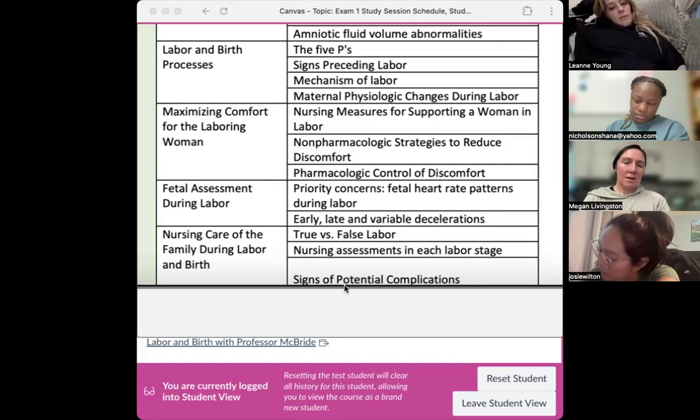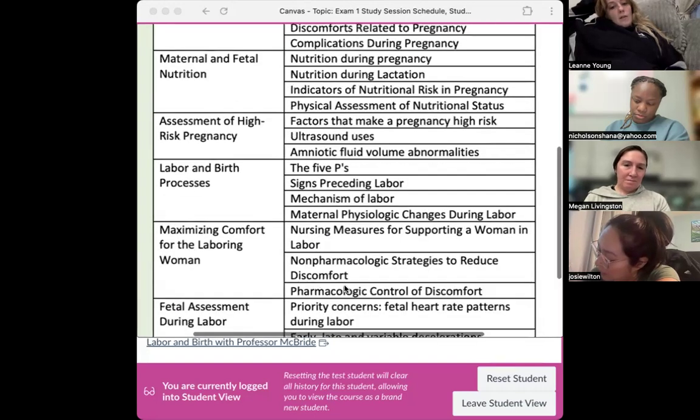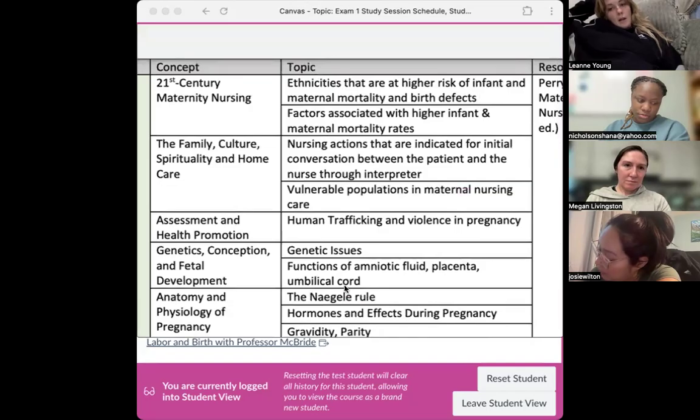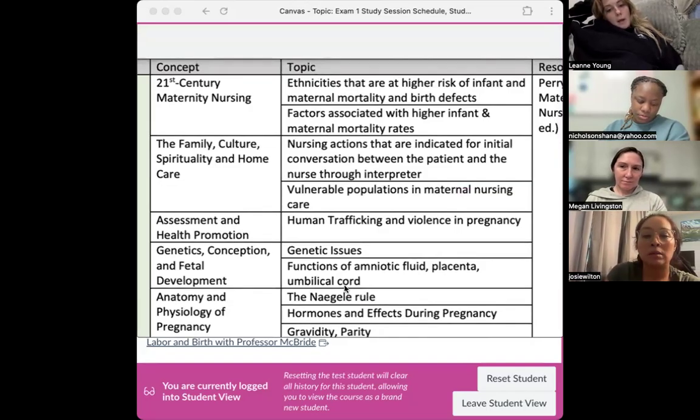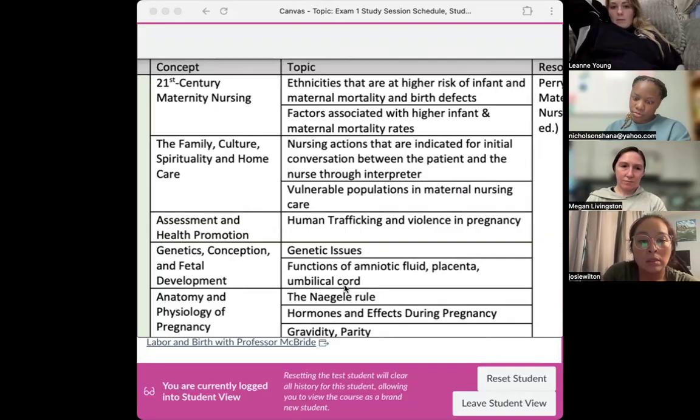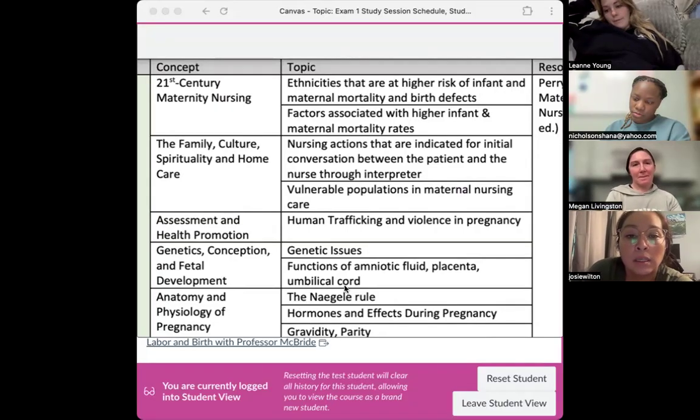So go off of this blueprint as you're studying to help narrow down the information. Some of them are broader topics, so focus on the bigger points when you're studying.